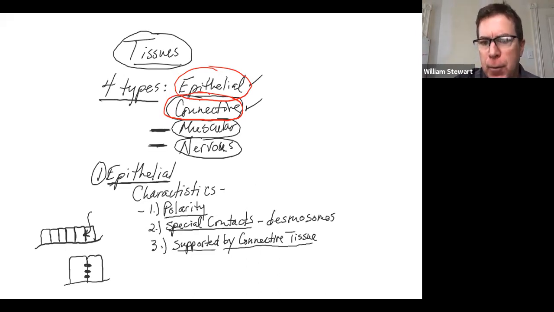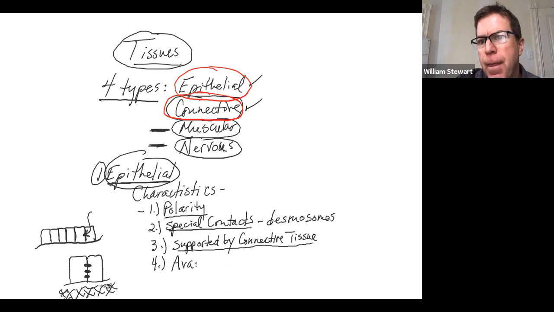And it's really to provide something for this epithelial surface to attach to, usually the basal surface, what's deep to it down here. Fourth major characteristic, all epithelial tissues are avascular. That means that they lack a direct blood supply.